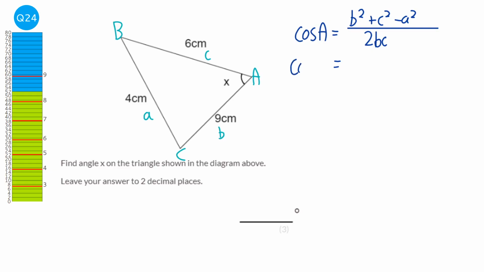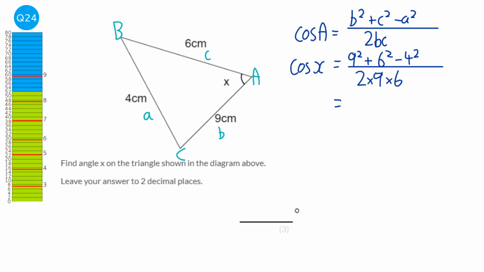So we're going to write it again, but this time with all of the numbers in. Instead of b squared, we've got 9 squared plus, and then the c squared is 6 squared minus the 4 squared over 2 times b, which is 9, times c, which is 6.